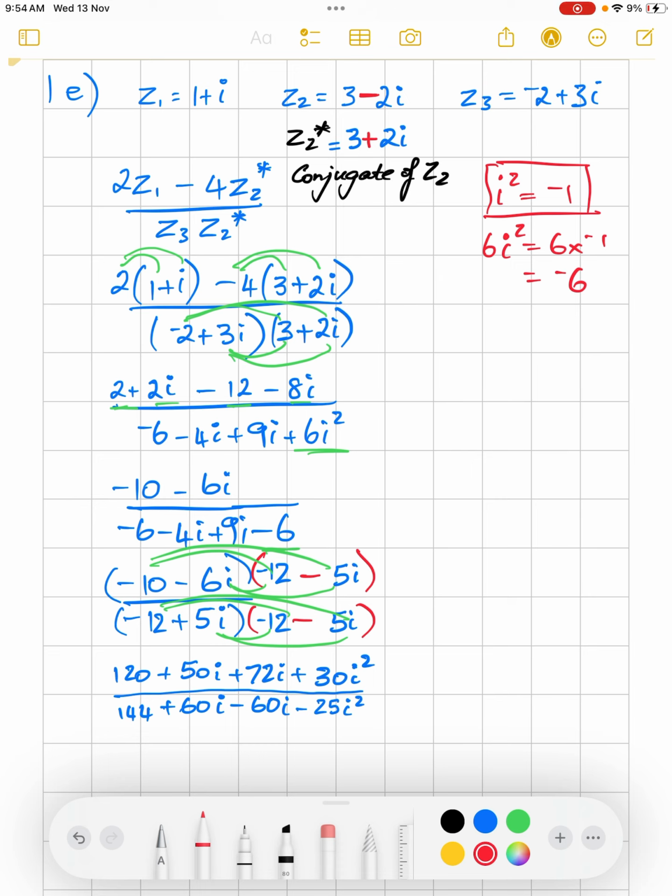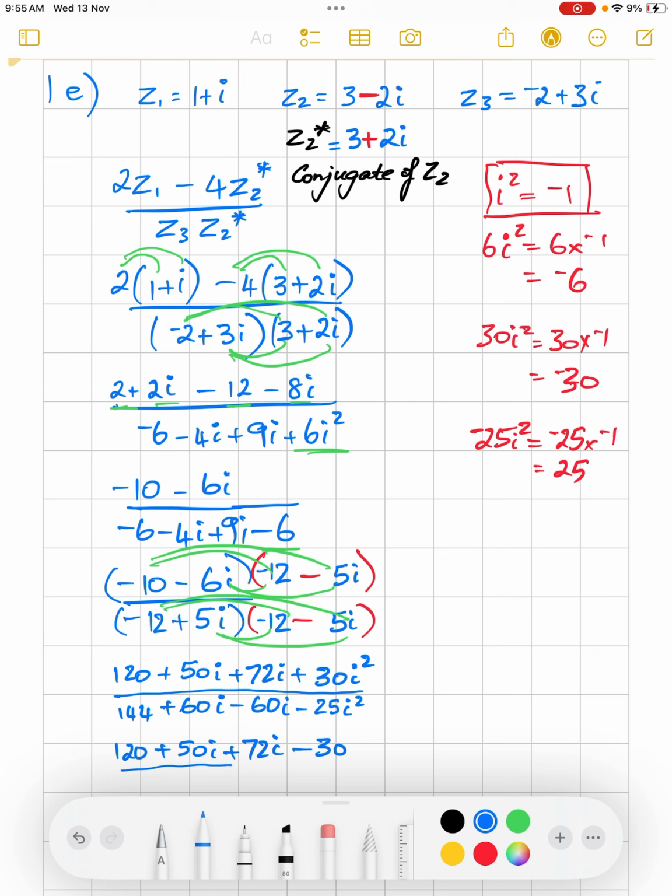Let's change this 30i squared into 30 lots of negative ones. That's negative 30. And we'll change the denominator negative 25i squared into negative 25 times negative 1, which becomes positive 25. So let's do that. 120, 50i, 72i, minus 30. 144.